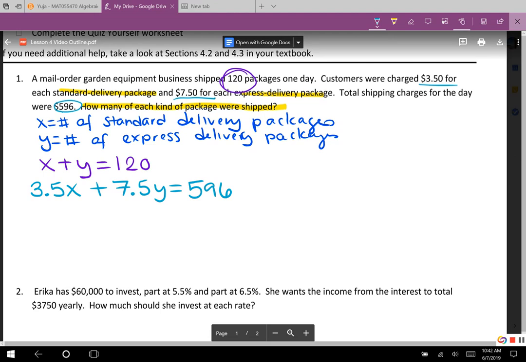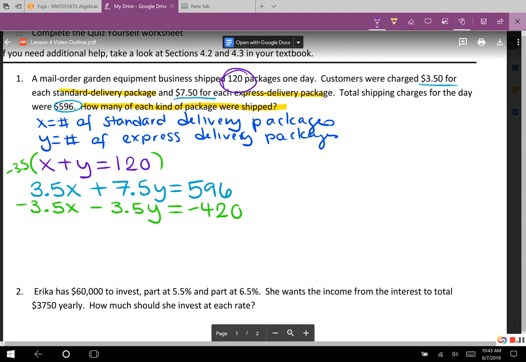Now that I have my system, I can use substitution or elimination to solve this. I think I'll use the elimination method. If I take this first equation and I multiply it by negative 3.5, then the x's will be eliminated. So let's see, negative 3.5x, negative 3.5y, and negative 3.5 times 120 should be negative 420.